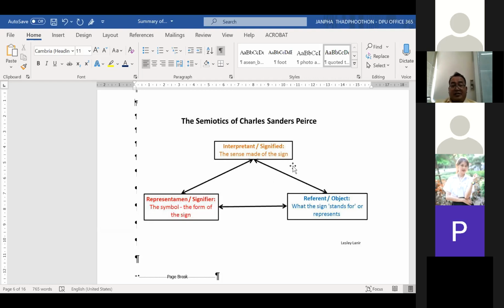The only difference between the Saussurean model and the Peircean model is the concept of object. Charles Peirce proposed that there should be another entity, and that entity is what he called referent or object.